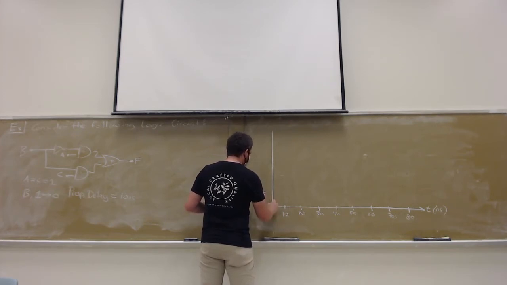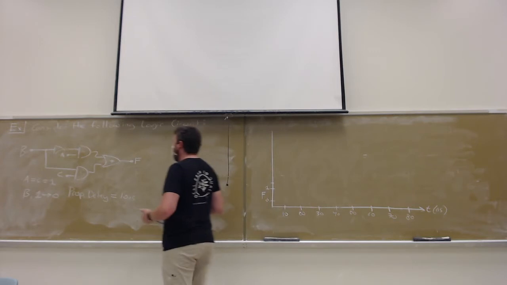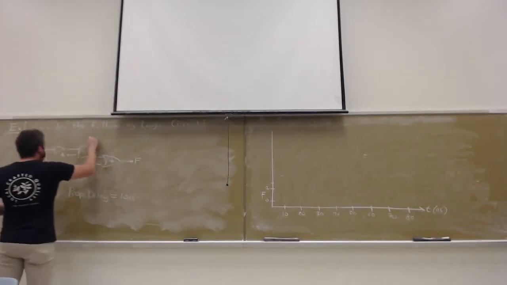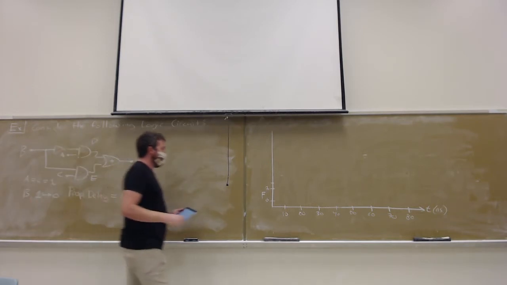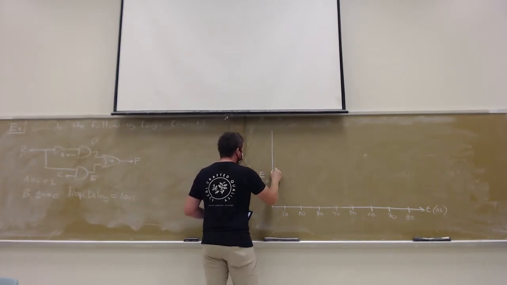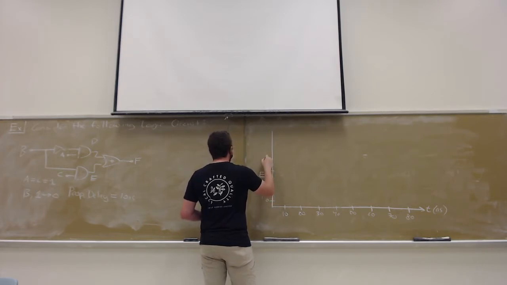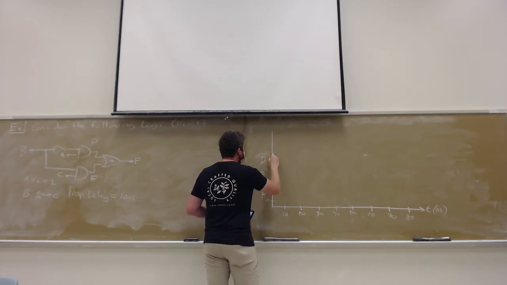We've got our output F, which has a 0 and a 1. Our other outputs, we call them D and E, which have a 0 and a 1.